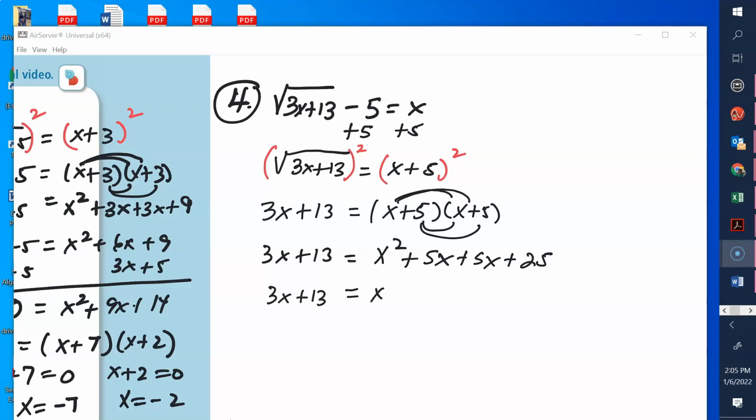Combine like terms: x squared plus 5x plus 5x plus 25.